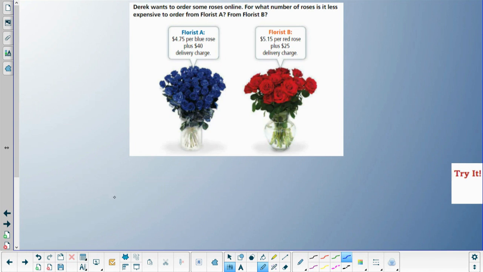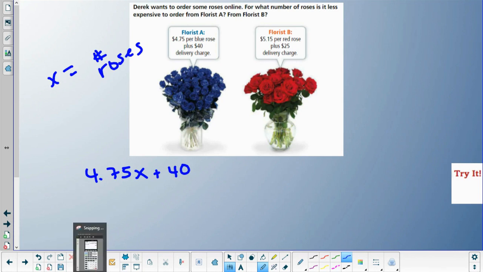So you think back to linear equations, our rate is $4.75 per blue rose. I'm going to call that x, because x is going to be the number of roses. Plus that one-time delivery charge of $40.